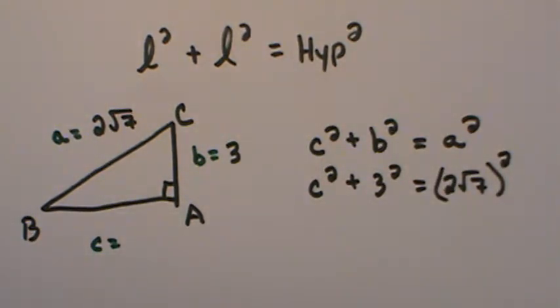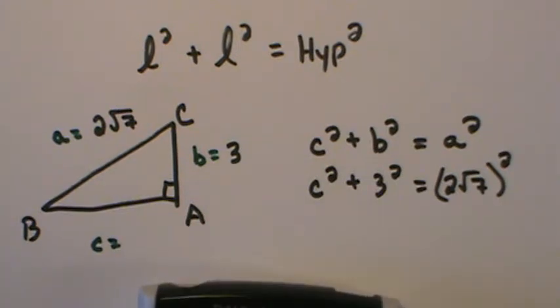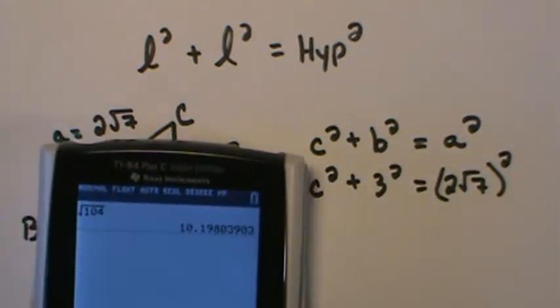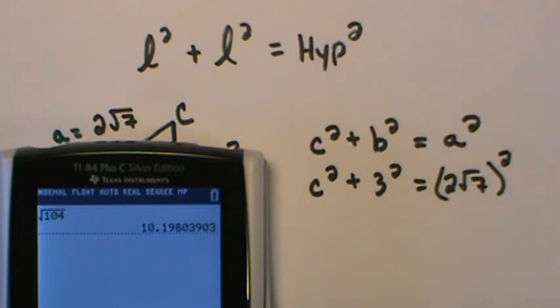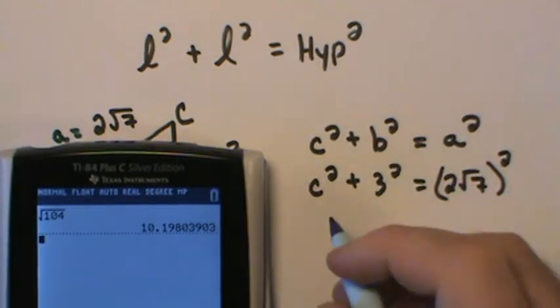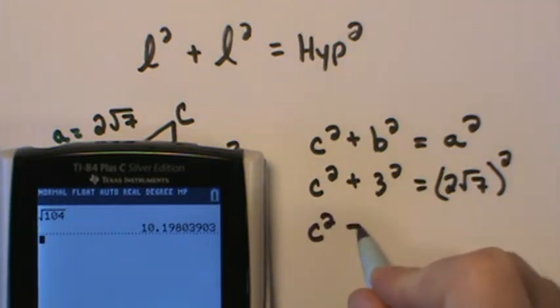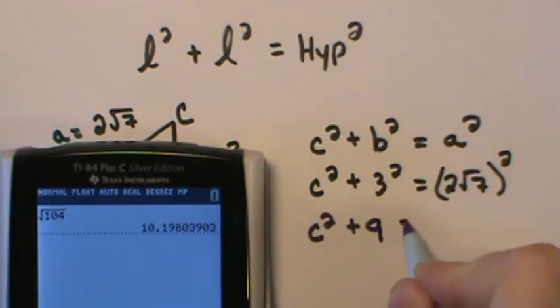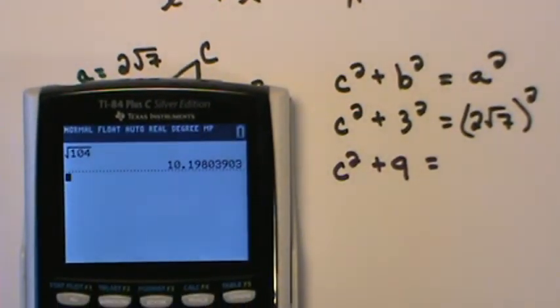Now at this point, we haven't talked a whole lot about radicals. And so it's a process where we're going to be developing how to work with radicals. I'm going to use my calculator. Obviously to square 3 we should be able to do that in our head. If I want to square this strange number, this 2 rad 7, I can go 2 square root 7. I just put it right in my calculator.